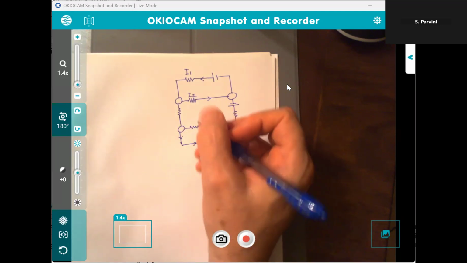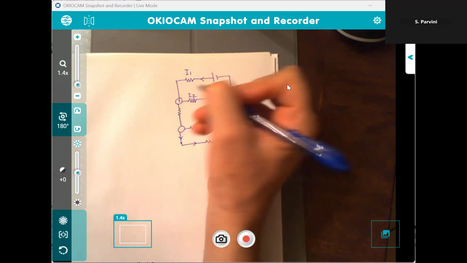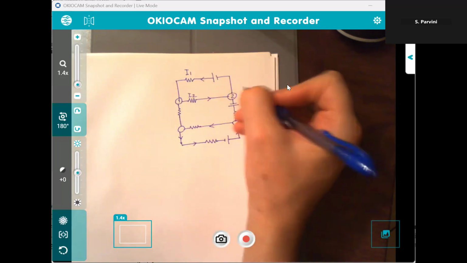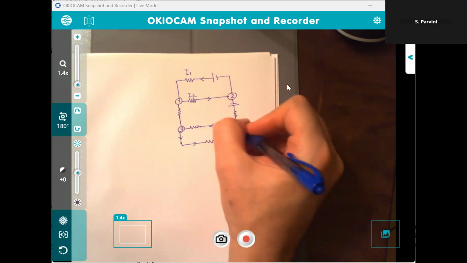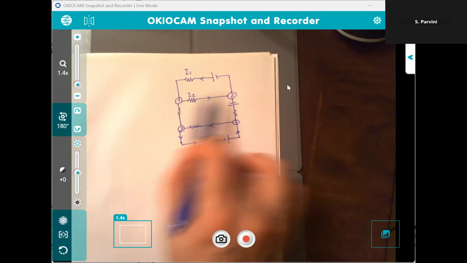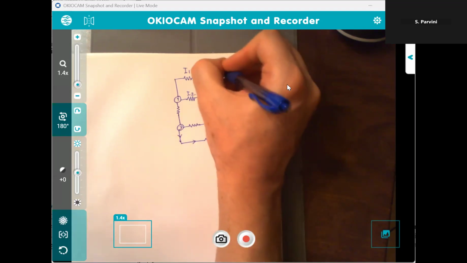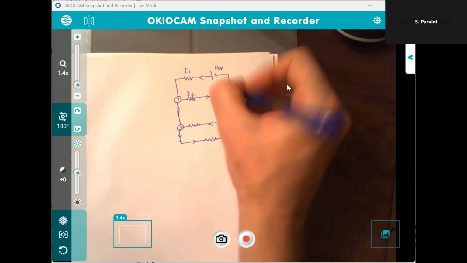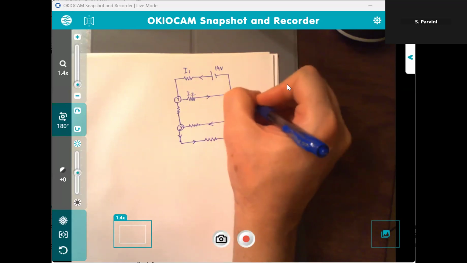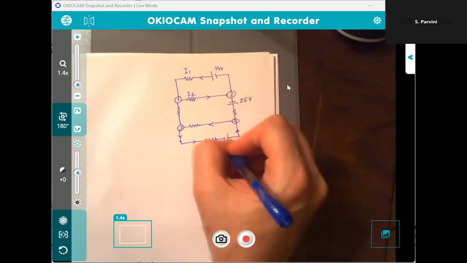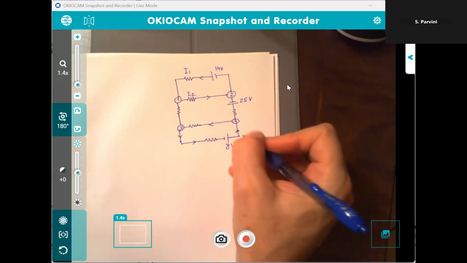Okay. Now, I'm going to label these 1, 2, 3, and 4. Again, you're welcome to go 1, 2, 3, 4. It doesn't matter. They're just labels. Now, here's 14 volt. This voltage is 25 volt battery. Down here, there's an 8 volt battery.